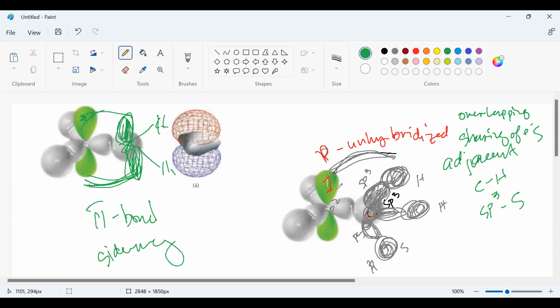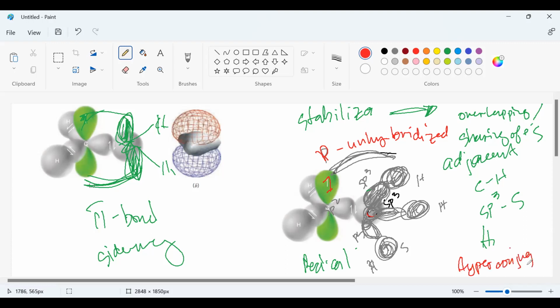But if you have a radical carbon containing only one electron, it can be stabilized by the overlapping or sharing of electrons with the adjacent CH sp3 bond. This is called hyperconjugation.